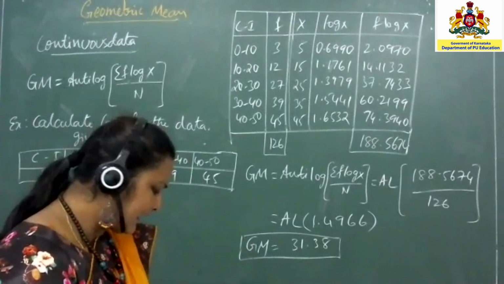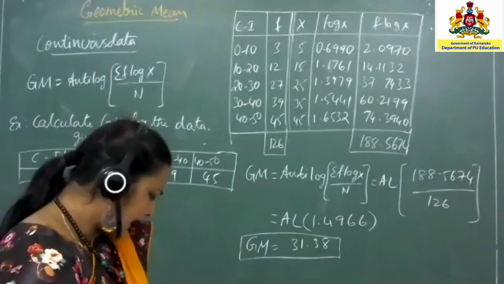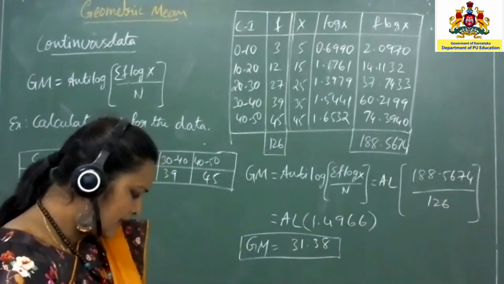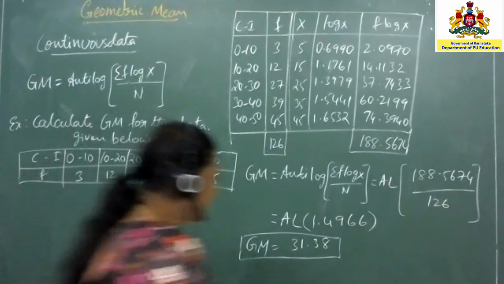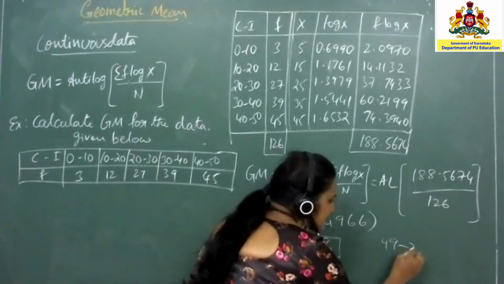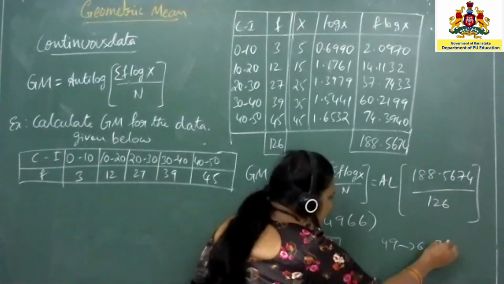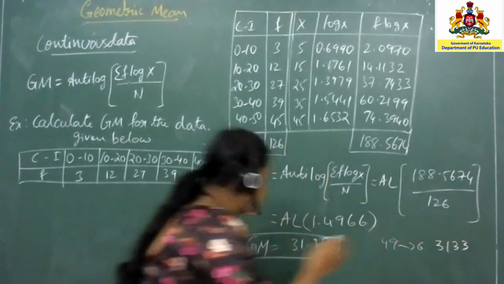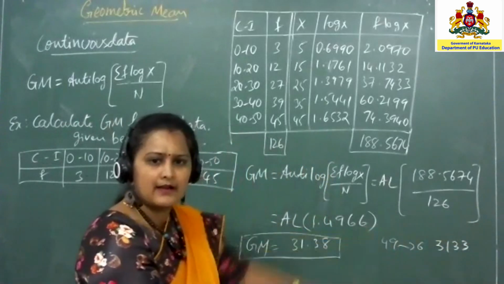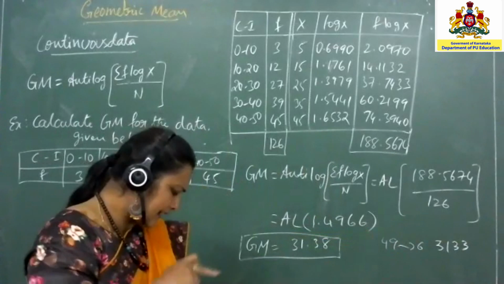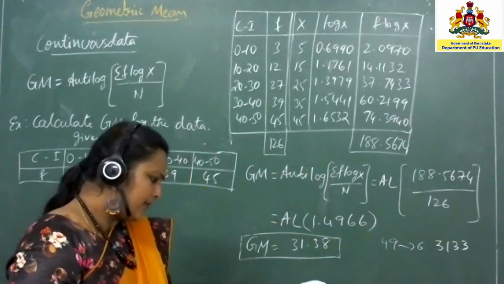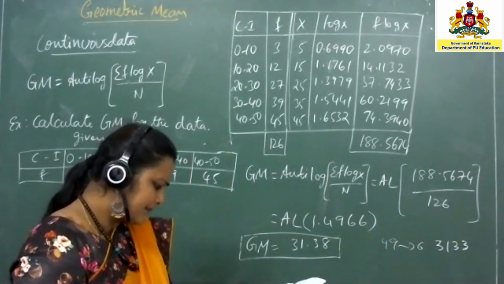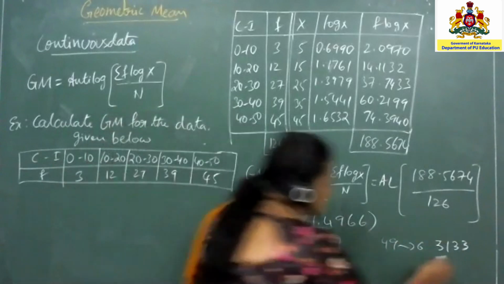Now 49 under 6, the value is 3133. Then the mean difference you should check under 6, going horizontally again. The mean difference under 6 is 5.